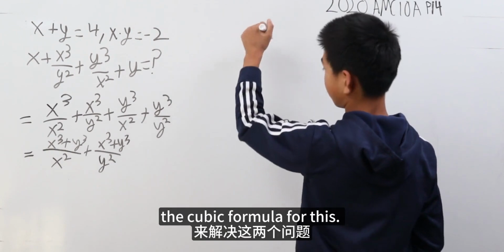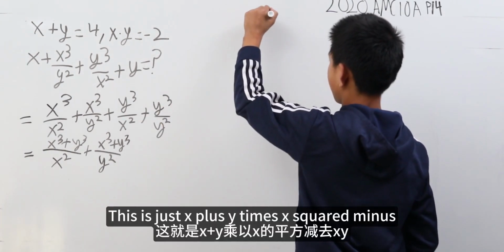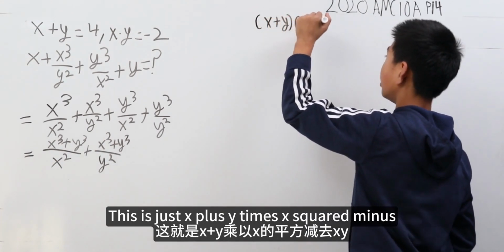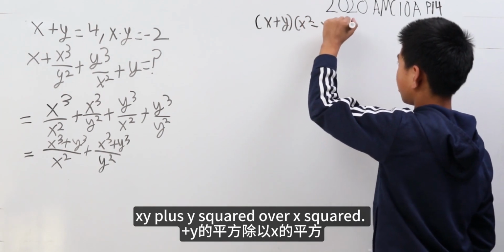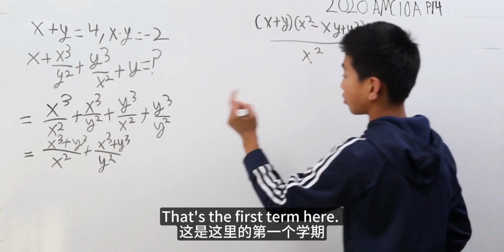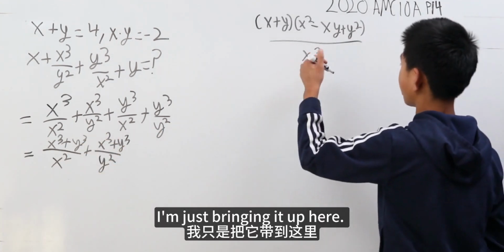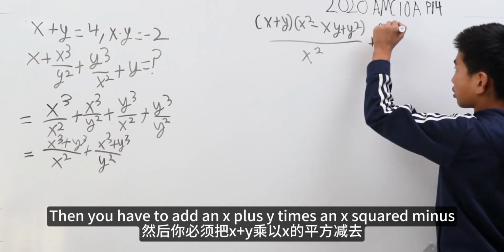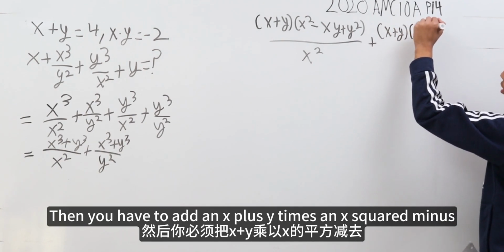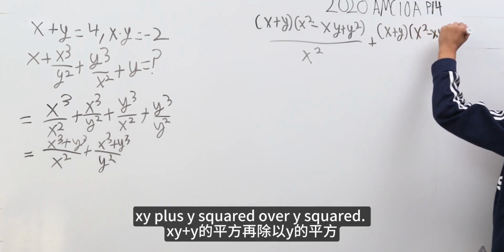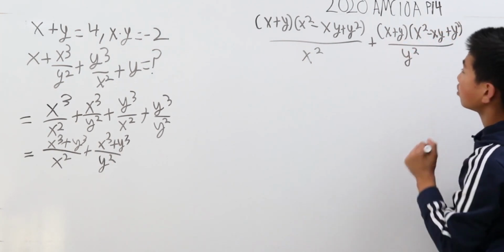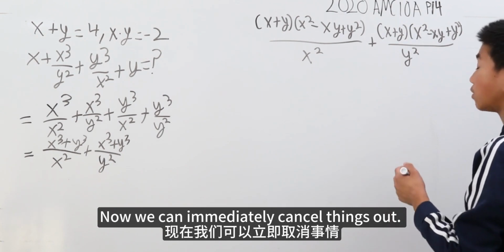It's just x plus y times x squared minus xy plus y squared over x squared. That's the first term here, so I'm just bringing it up here. Then you have to add x plus y times x squared minus xy plus y squared over y squared.